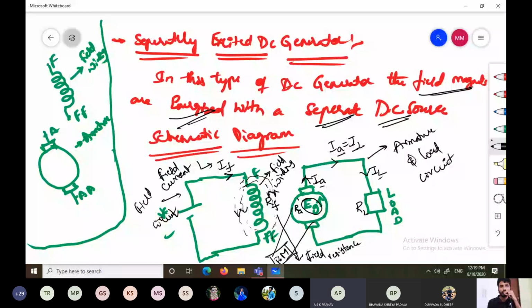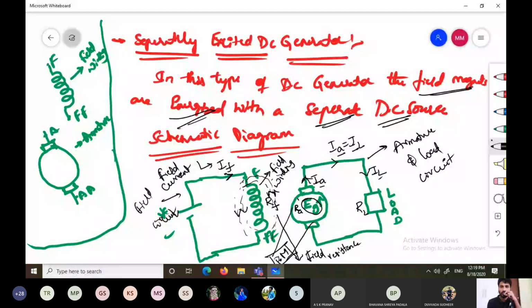Okay, so we are giving mechanical energy to the rotor, that means the armature of a DC generator, with the help of a prime mover, as a mechanical rotation.